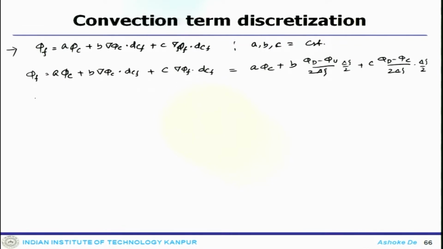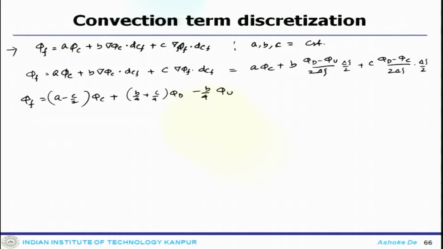Now you do some algebraic manipulation so that you obtain phi f equals (A minus C by 2) phi c plus (B by 4 plus C by 4) phi d minus B by 4 phi u.